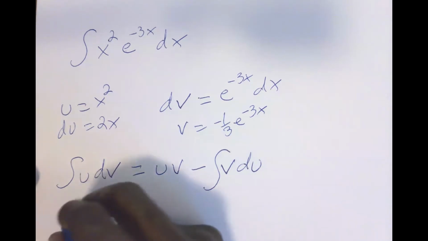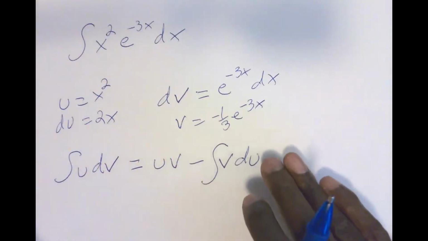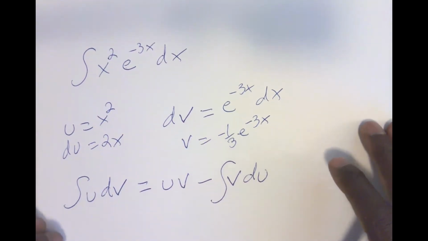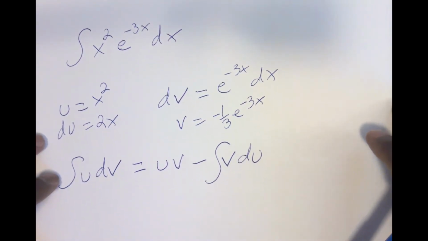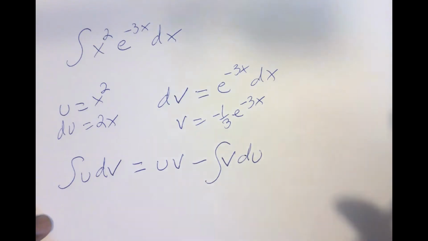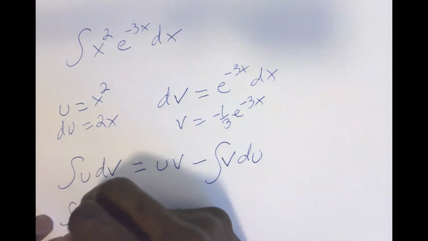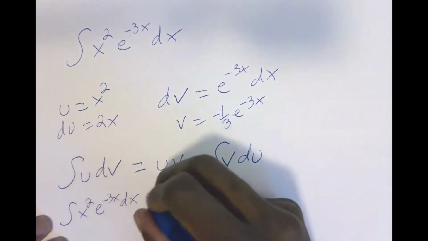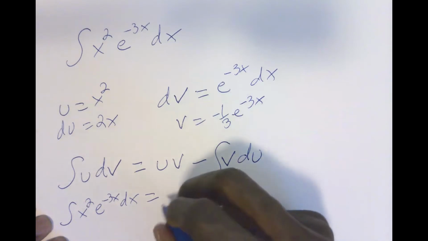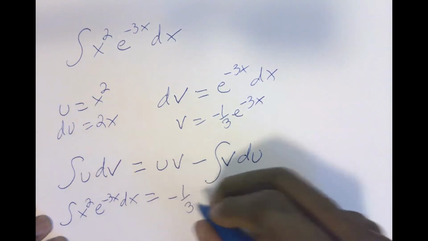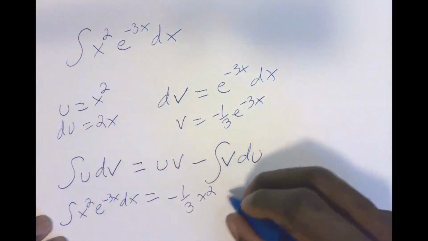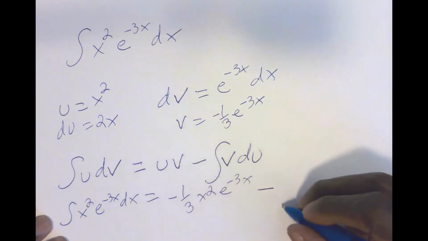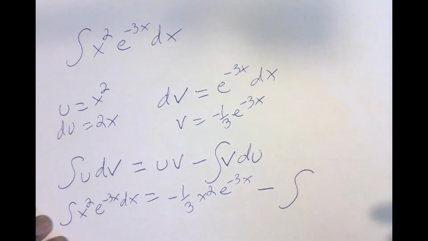So then the integral, let me use another sheet of paper. Let me just move this up so this can be seen. The integral of x squared e to the negative 3x dx is u times v, so that's negative 1/3 x squared e to the negative 3x, minus the integral of v du.